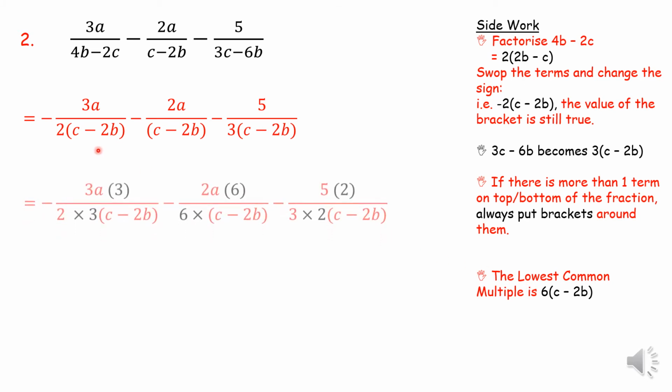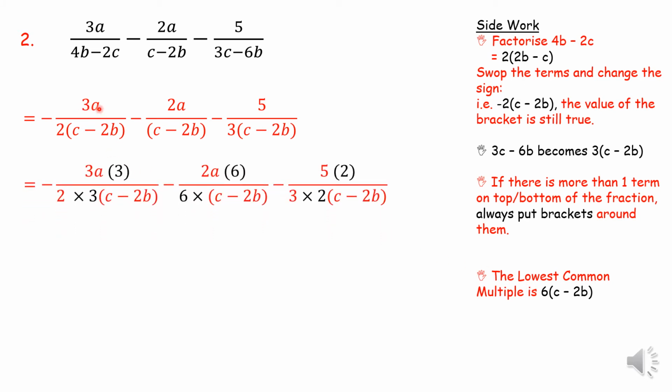Therefore, I will have to multiply the term on top by 3 in order for it to become 6 times c minus 2b. Since it already has a c minus 2b, I only have to multiply by 3. This one here also has the c minus 2b, but I need to multiply it by 6. And this one has a 3 and c minus 2b, so it needs to be doubled.